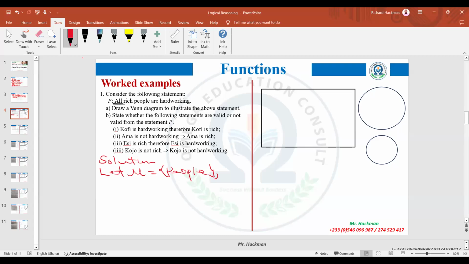My next set will be R. I will use R to represent a set of rich people, or rich. I can just write rich because R will be a subset of that. If I say rich, I'm talking about rich people. Is that clear? And your last set will be hardworking people. So I'll use H to represent a set of hardworking people.